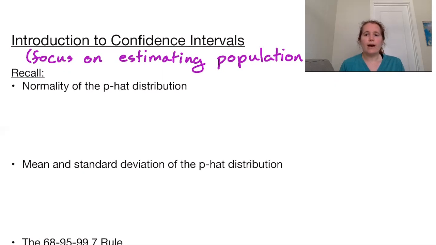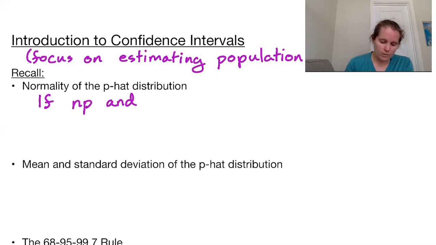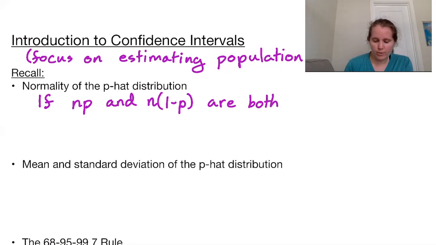There are a few key facts that we should keep in mind, which are the basis behind our confidence intervals. So the first is the normality of the p-hat distribution. Recall that if n times p and n times 1 minus p are both at least 10, then the p-hat distribution is essentially normal.